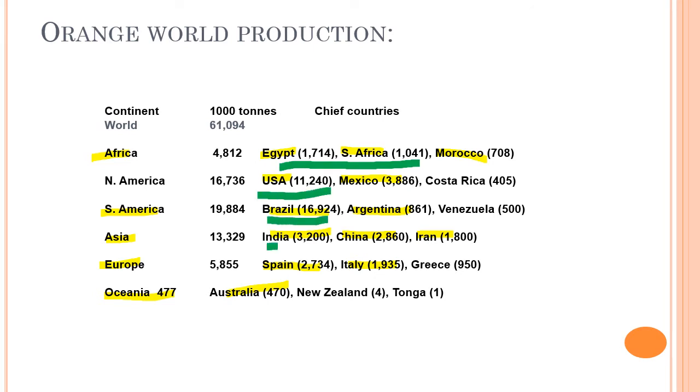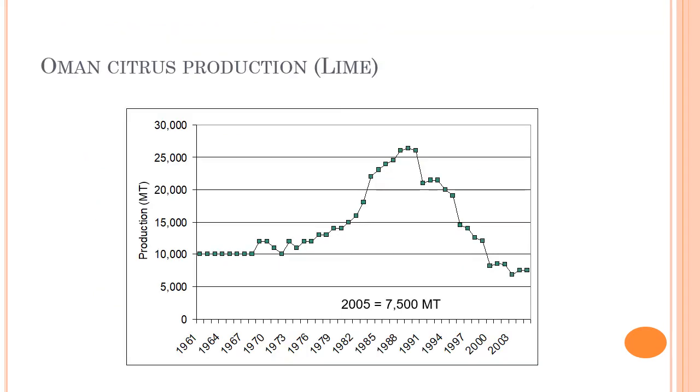So you can see they are distributed throughout. And the continent with the largest production of citrus is actually South America, Latin America. Okay. So in Oman, there are many different species that grow citrus.